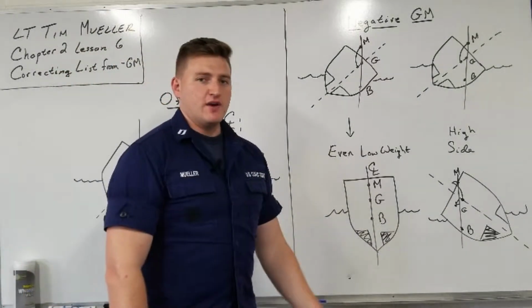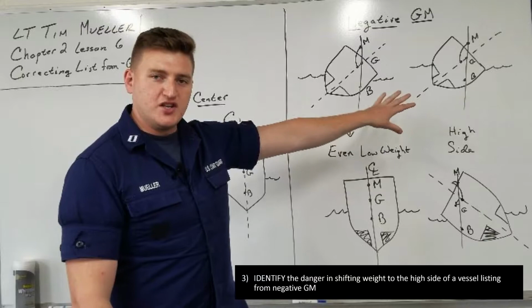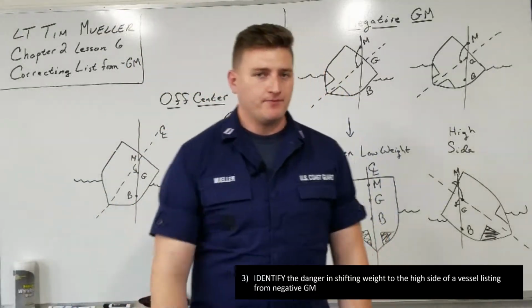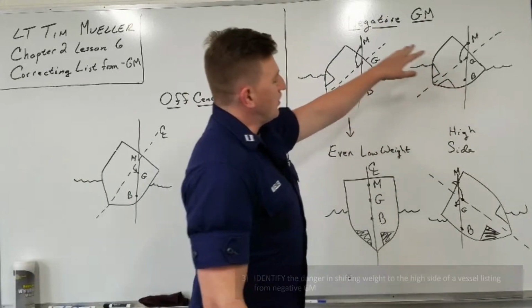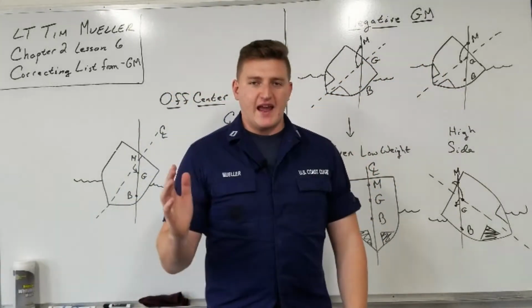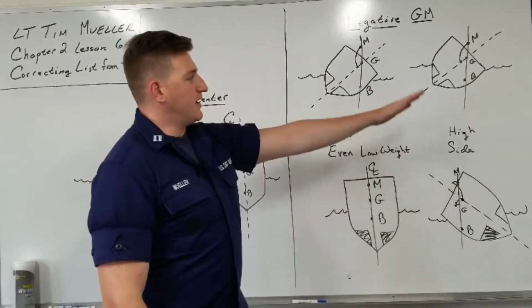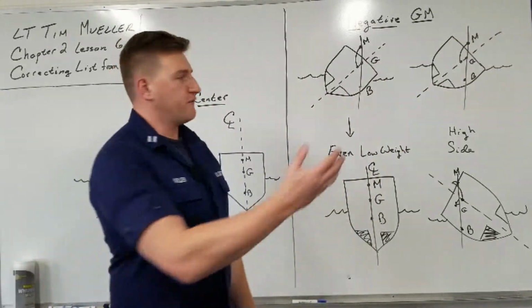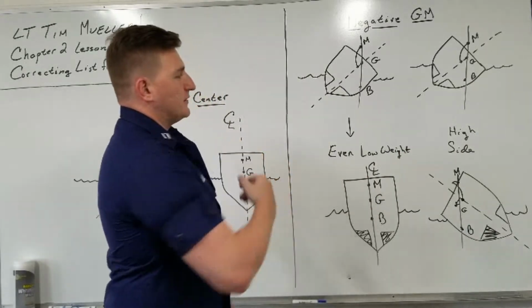However, if we try and correct a negative GM list the same way that we did with an off-center weight, you're going to go through, like I mentioned before, you have an angle of loll. And the ship can just, not necessarily randomly, but it doesn't need much of a perturbation to go from one side to the other.